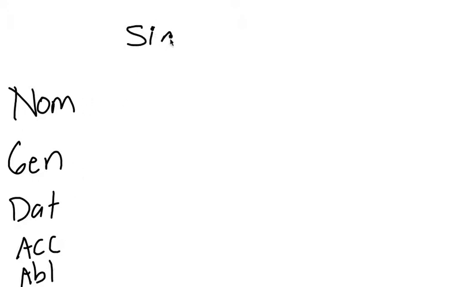Okay, so now we're going to give the endings for second declension neuter. So I'm going to give all 5 cases. And we'll go through the endings for each one, singular and plural.